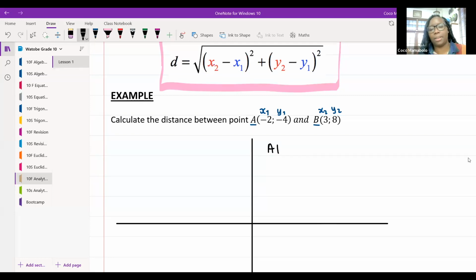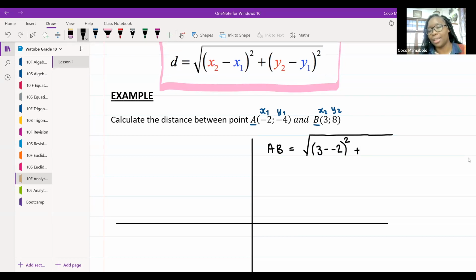We're going to go AB is equal to the square root of, I would like you to finish up the sentence for me. Open brackets. Open brackets minus 2. No, sorry. No. 3 minus -2. Good. Close brackets. And then what must come? Squared. Good.